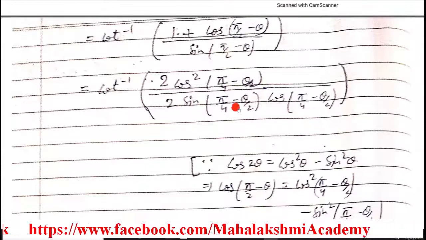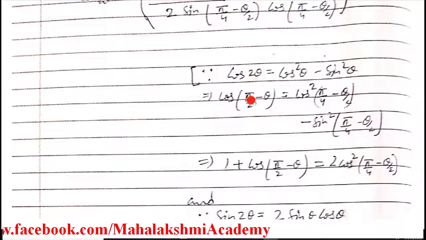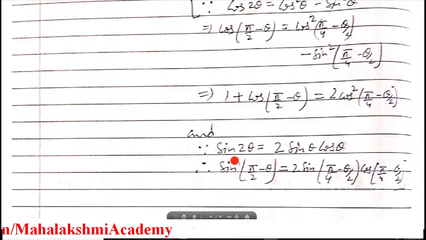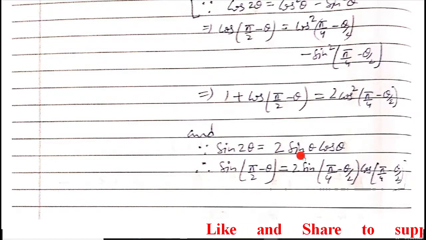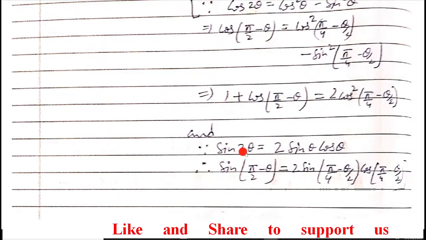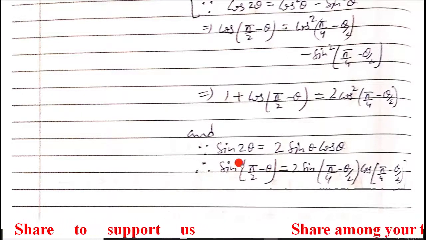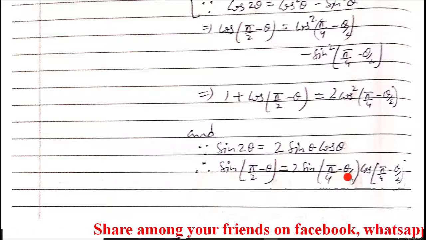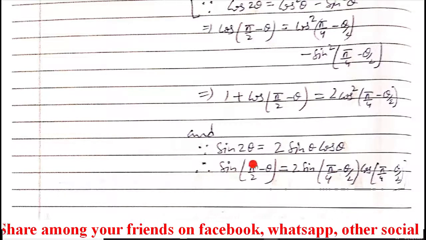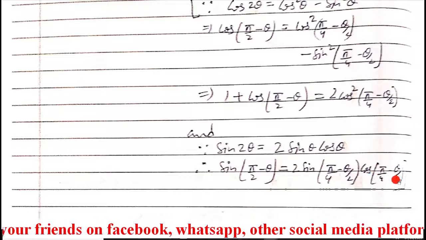Now here down you just see the formula of sin 2 theta is 2 sin theta cos theta. When 2 theta is here, what we obtained is half of 2 theta, that is only theta. So instead of 2 theta, if we have pi upon 2 minus theta, then half of it is going to be pi upon 4 minus theta upon 2, and here also pi upon 4 minus theta by 2.